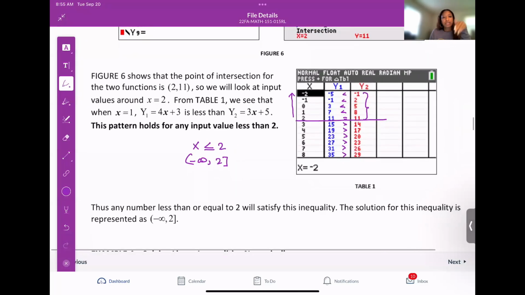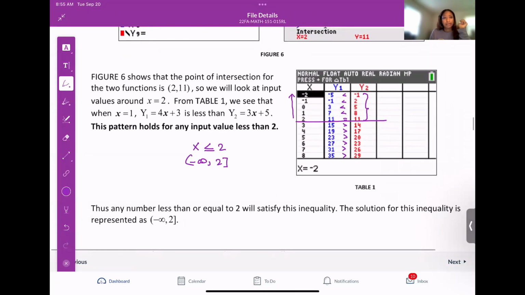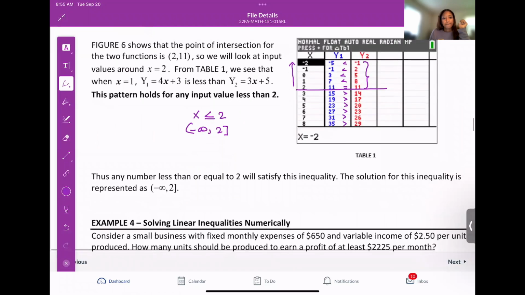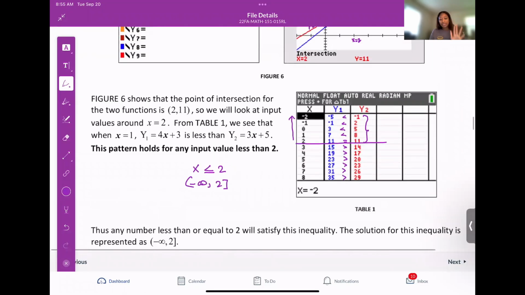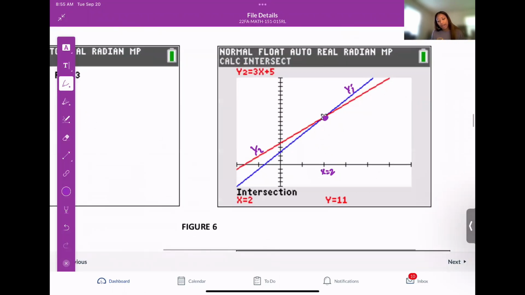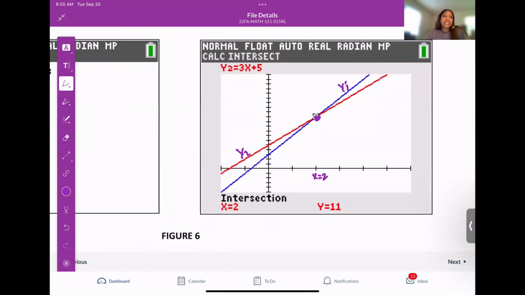All right, any questions about solving graphically or numerically? Even though it wasn't explicitly said here, because the graph is here too, we can see that it's pretty easy to solve this graphically as well. You would graph the two lines, find the intersection point, and then we see to the left of that, the red line is above the blue line, so y2 is bigger. To the right of the intersection point, the blue line is above the red line, so y1 is bigger.